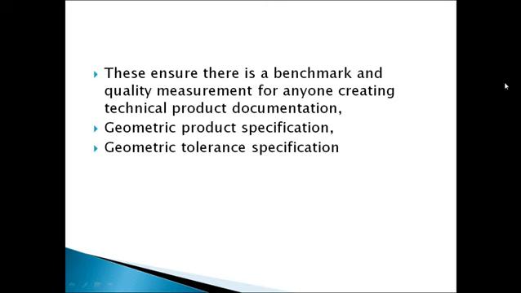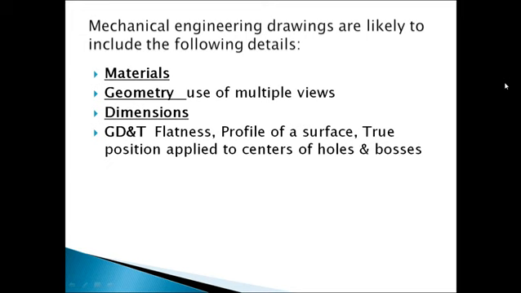Geometric product specification, geometric tolerance specification means whatever data is available on the sheet must be standard, and everyone knows the standard symbols. Then mechanical engineering drawings are likely to include the following details. That is the most important thing. Whatever drawing you want to draw must include the following things, and then we can say it is a good drawing.